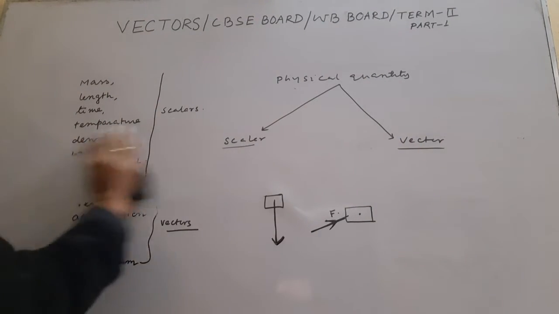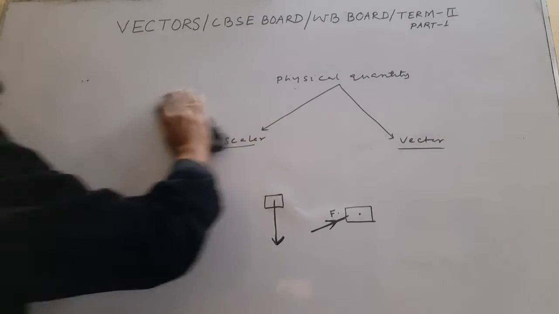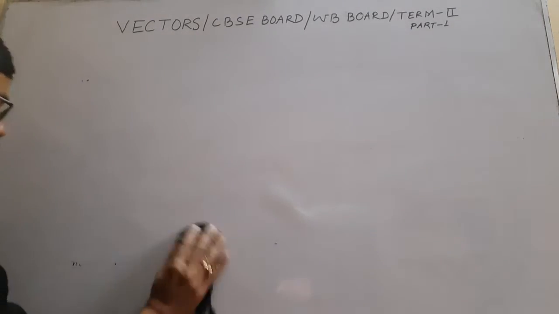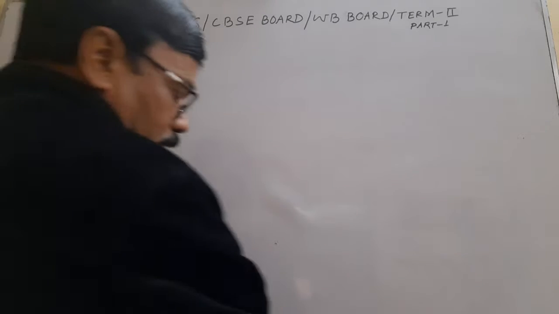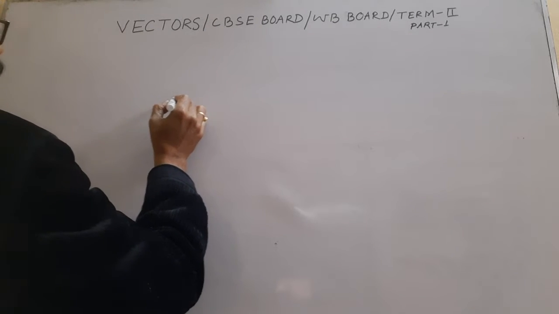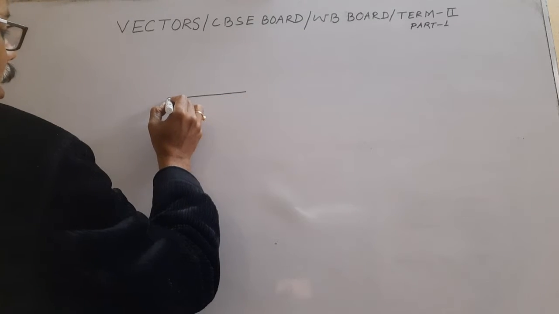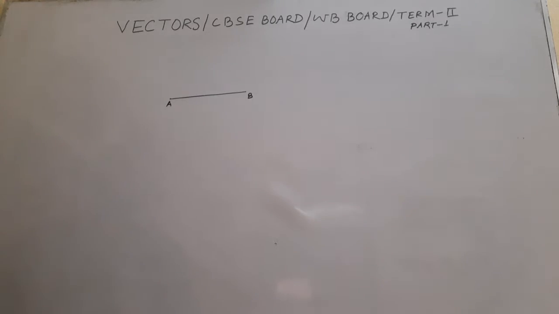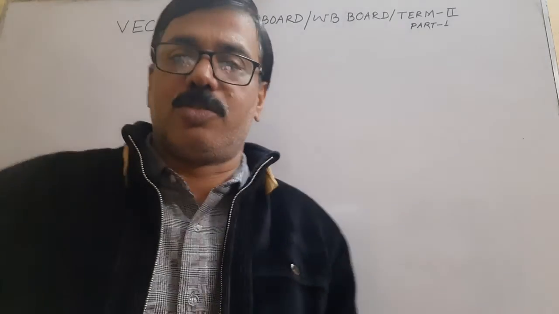Now, representation of vector. Look, suppose AB is a line segment. It has magnitude only.